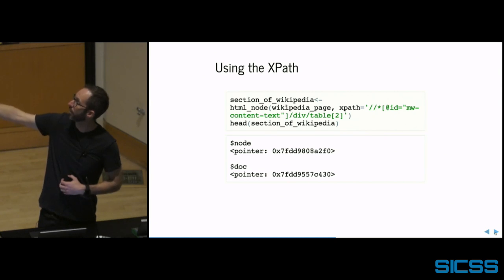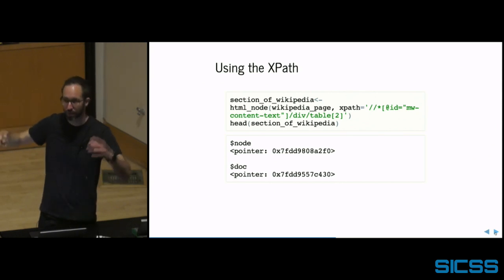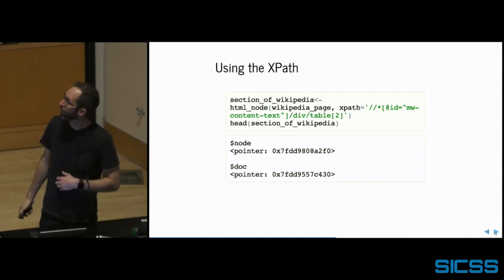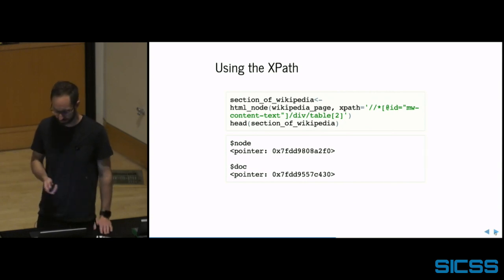This is what I copied from the web page when I made these slides. And then I can create another object, which is the branch of the HTML, or the node of the HTML, sometimes we use the terminology node, where the data we want lives. I've called it, very arbitrarily, section of Wikipedia.